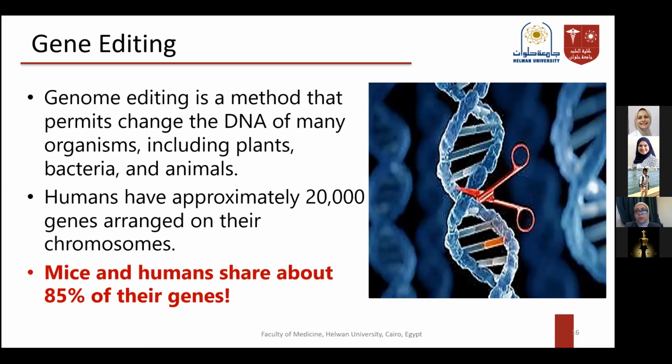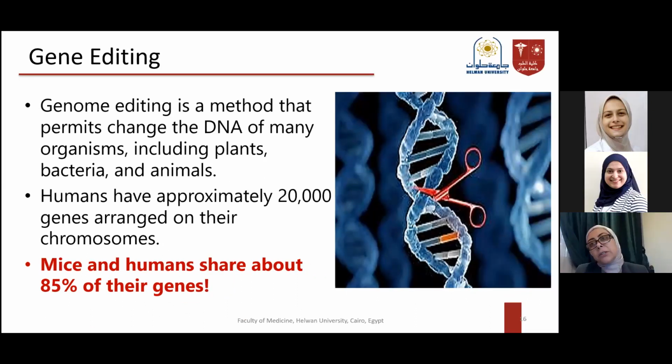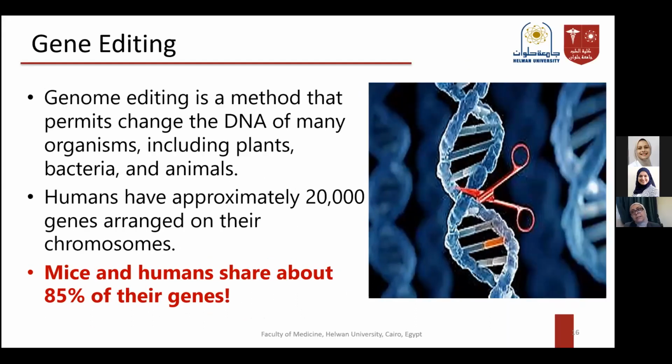Mice and humans share about 85% of their genes. Is it important to know this fact? Yes, because many experiments are done on mice. That's why most of our experimental studies are on mice, okay?